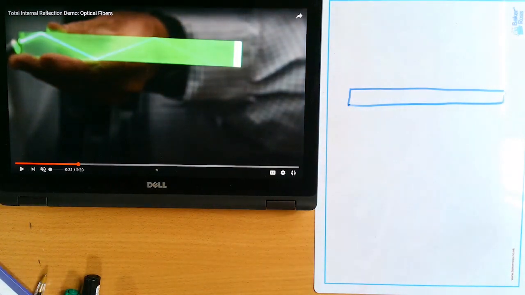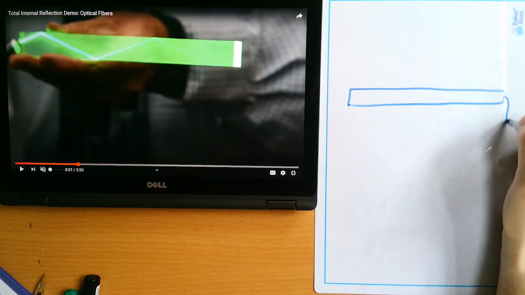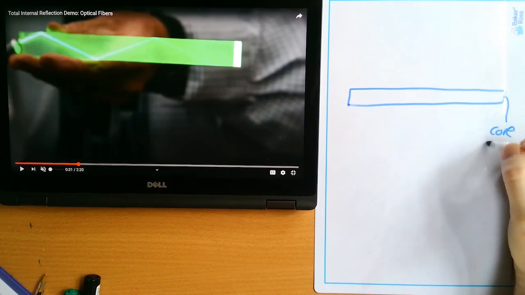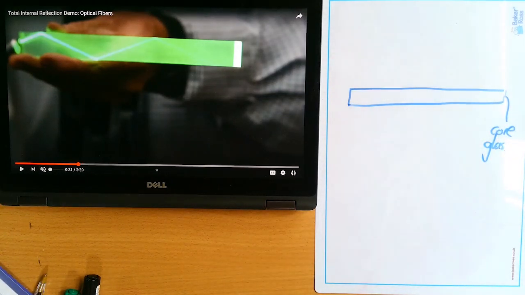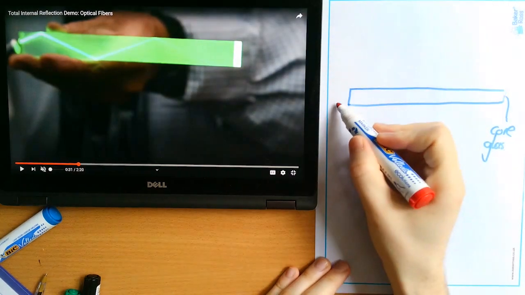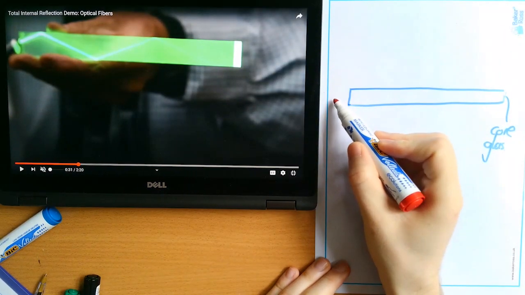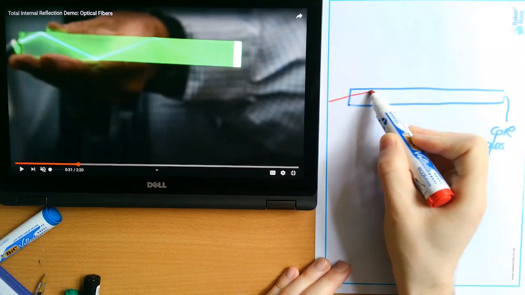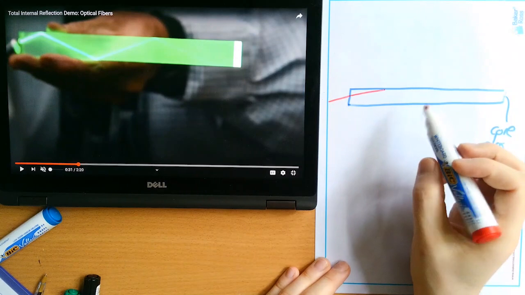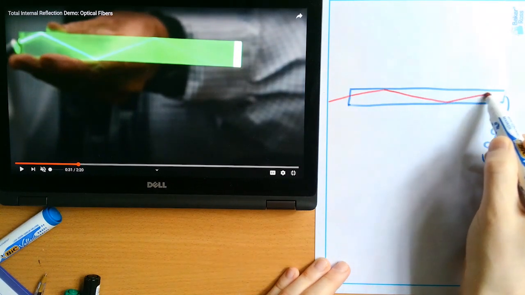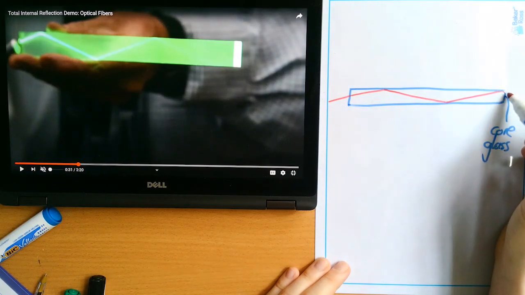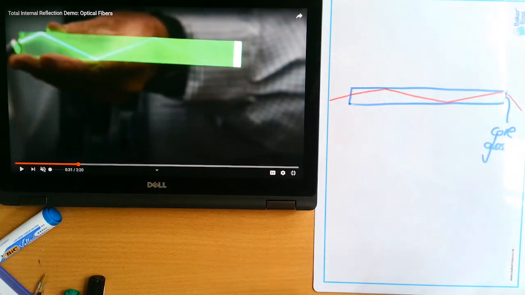And the core is a piece of glass that light can travel through. What happens is you shine the laser light in, and as the laser light comes in, it bends a little bit towards the normal, and it then reflects off the sides all the way to the end, and then it comes out the other side.